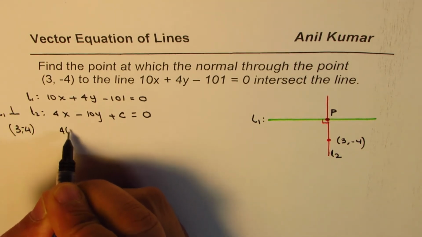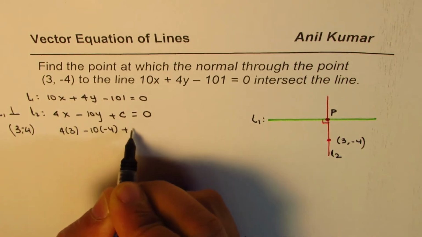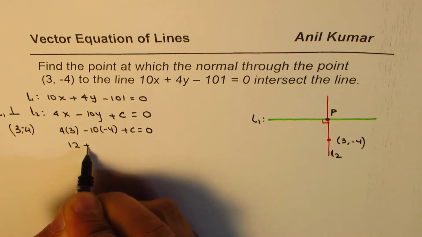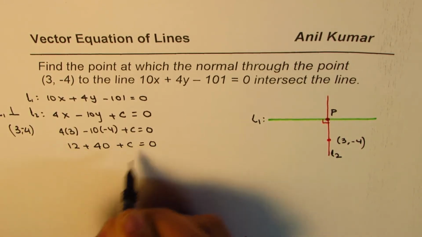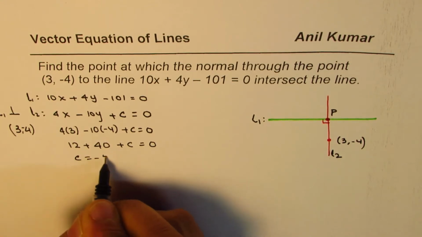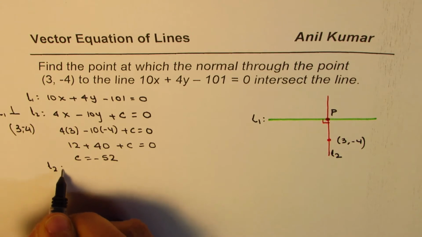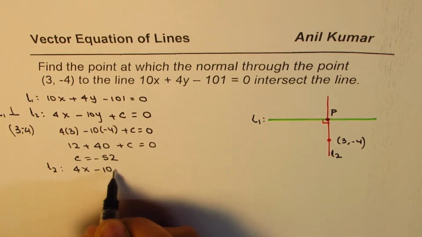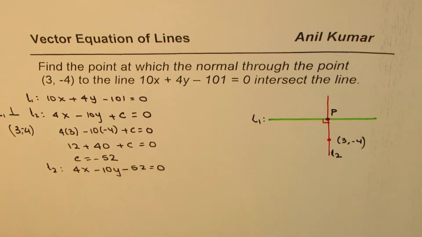So we write 4 times 3 minus 10 times -4 plus c equals 0. That gives us 12 + 40 + c = 0, or c = -52. So the equation of perpendicular line L2 is 4x - 10y - 52 = 0.